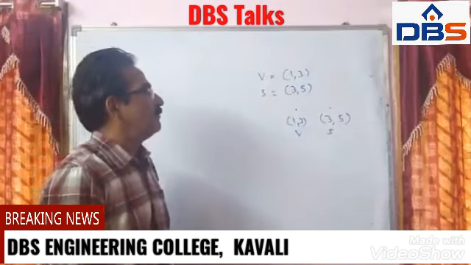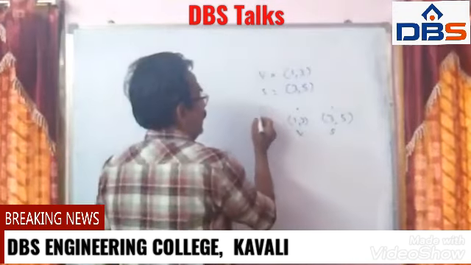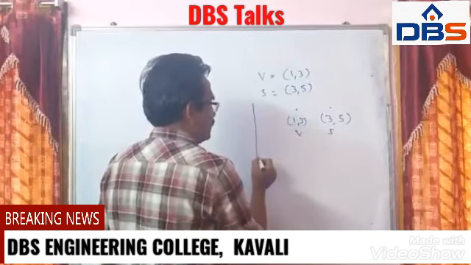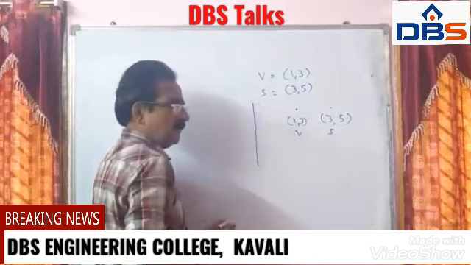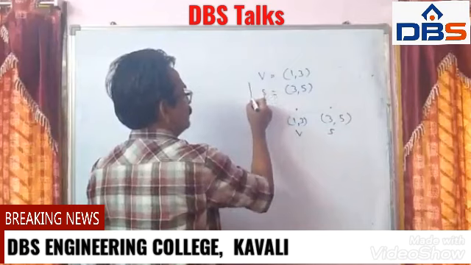Focus (3, 5), vertex (1, 3). And this is the line of directrix.